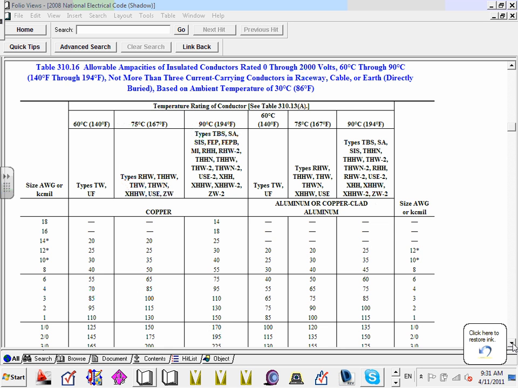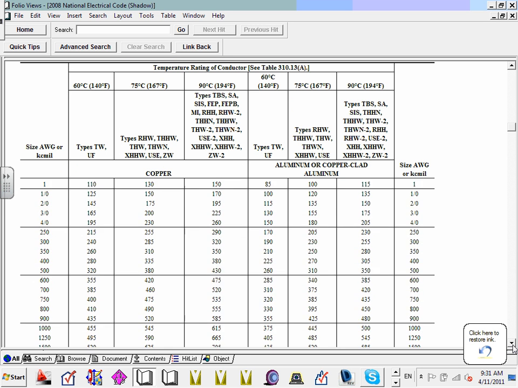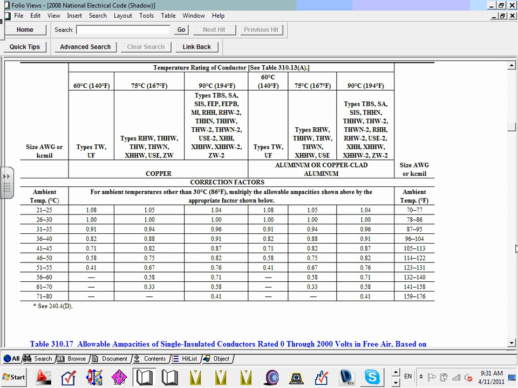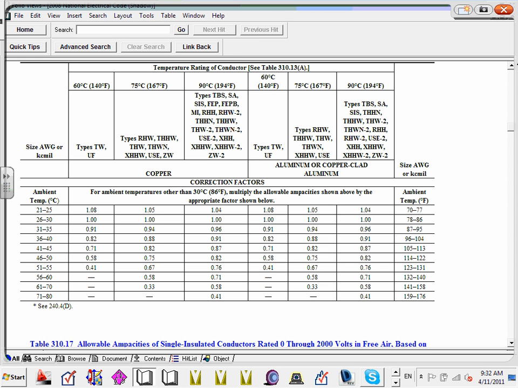I'm going to give you guys a break in a second. Let me just go to the bottom of the table and make sure everybody knows how to use these. The bottom of this table is really cool: the derating temperature. Suppose the ambient temperature is 230 degrees Fahrenheit. Everybody knows what an ambient temperature is?